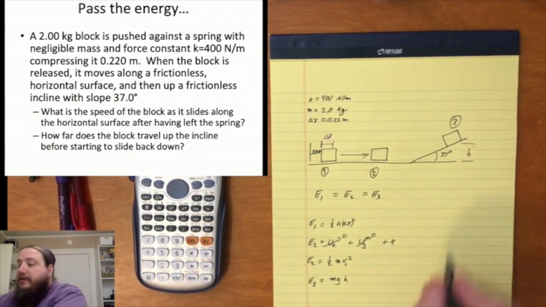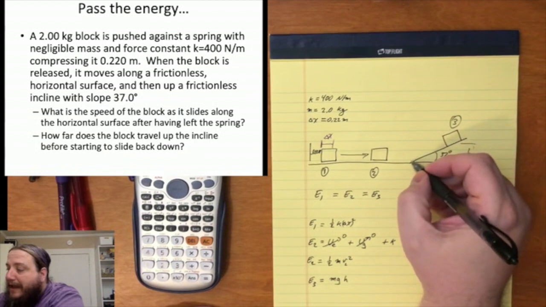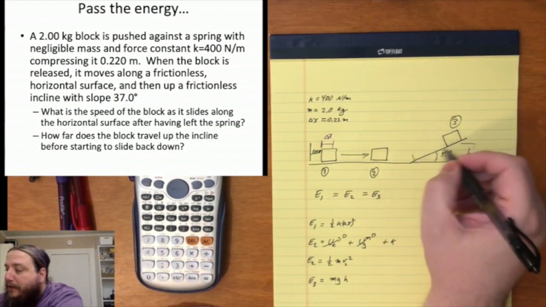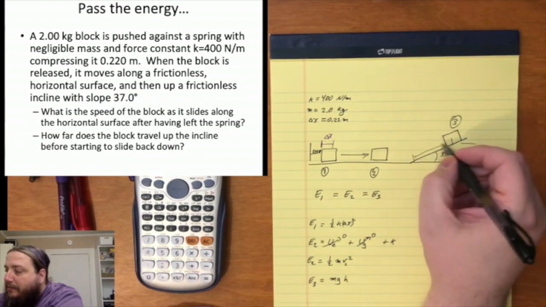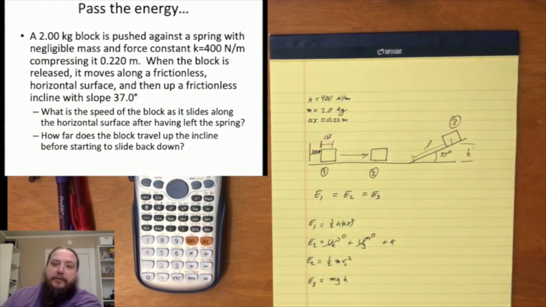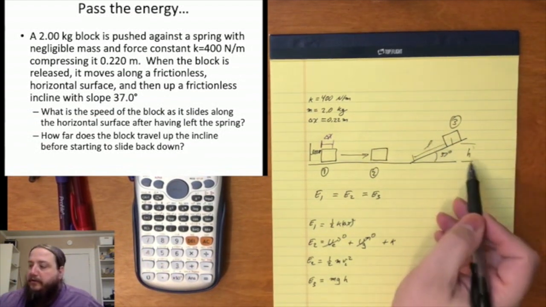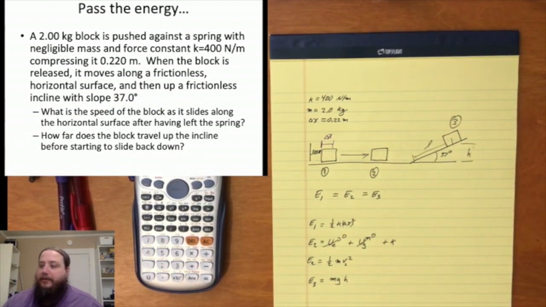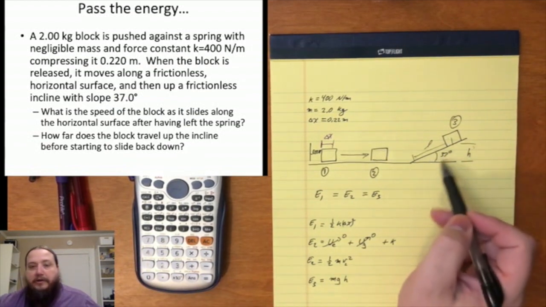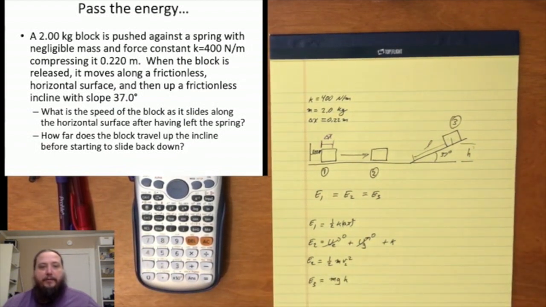Now, the problem is eventually going to ask us about how far up the ramp we got. So that would be some distance L up the ramp, and we'll have to worry about converting L and H, and there'll be some sort of a trig function here because there's a ramp, and we'll get to the geometry of that for a moment.